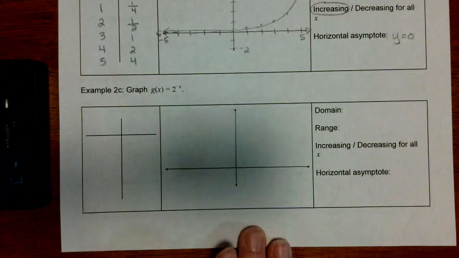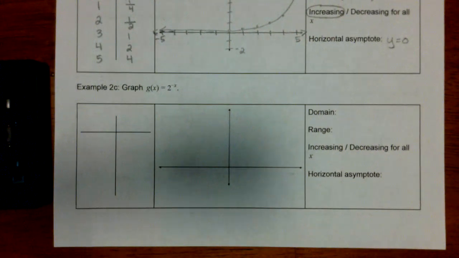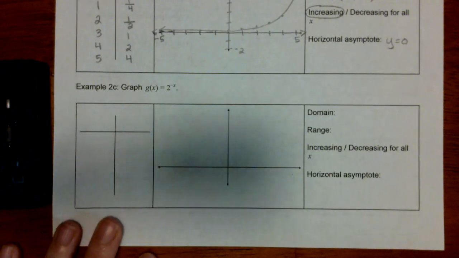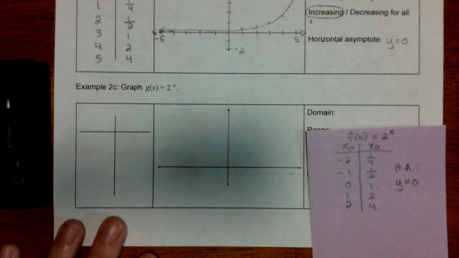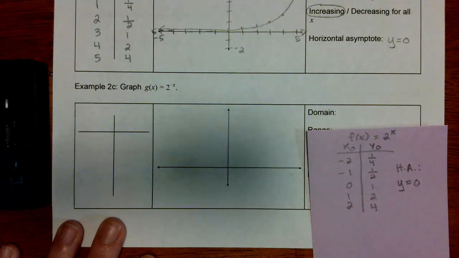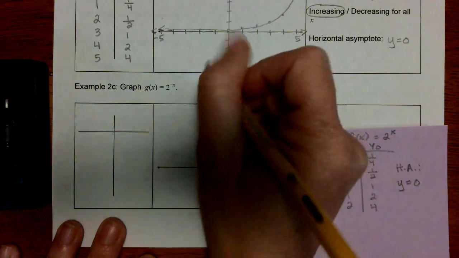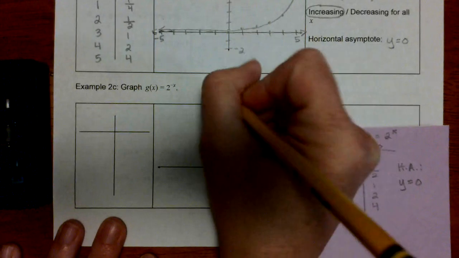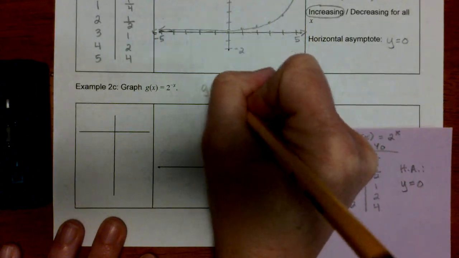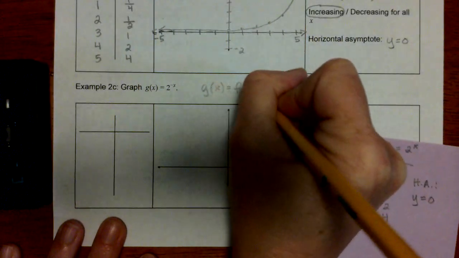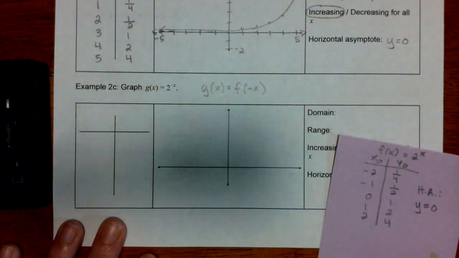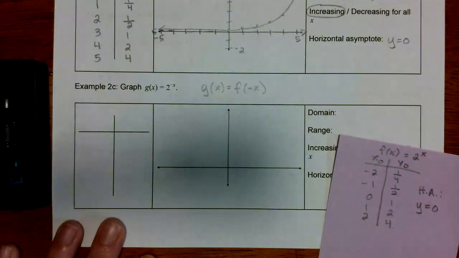Okay, for our last example, we want to graph g of x equals -2 to the -x. So again, let's write this in terms of f of x. Hopefully you can see pretty quickly that g of x is equal to f of -x. So think for a second, what transformation are you looking for?